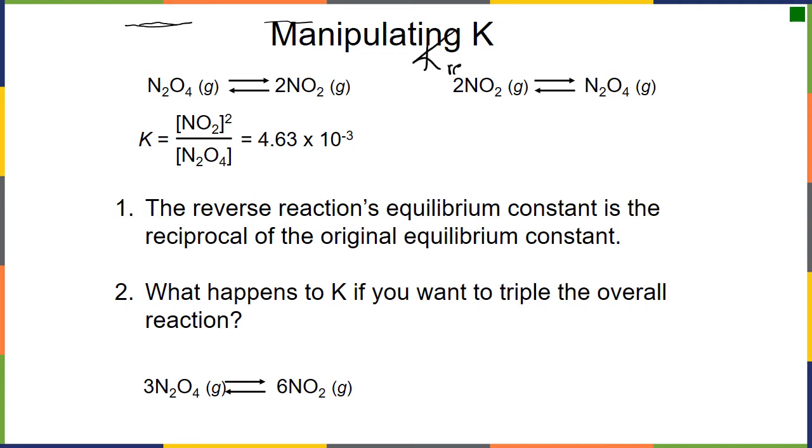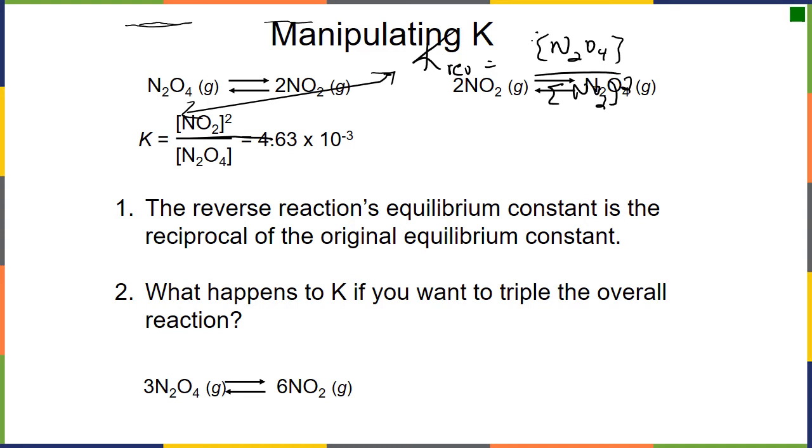Our K reverse is going to equal the concentration of N2O4 divided by the concentration of NO2 squared. If we compare these two, we realize that if we reverse the reaction, we do the mathematical inverse, or the reciprocal, of the original. So K for the reverse reaction is equal to 1 over K for the forward reaction.